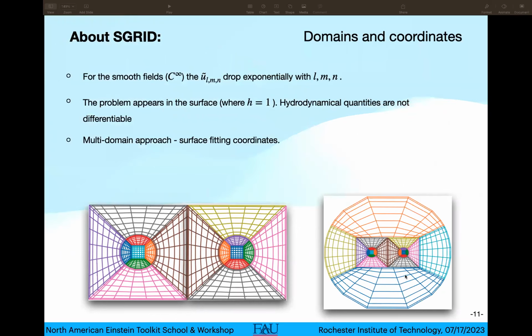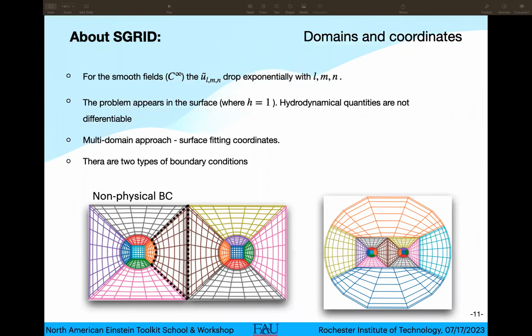So it is possible to do because this condition about the smoothness of the fields tells about the fields within the domain. So we have a lot of domains, and what we need to do is basically deal with the boundary conditions, but these boundary conditions are not physical ones; they're just numerical. We can simply assure that the field itself and its derivative will be smooth and continuous, and that's it.